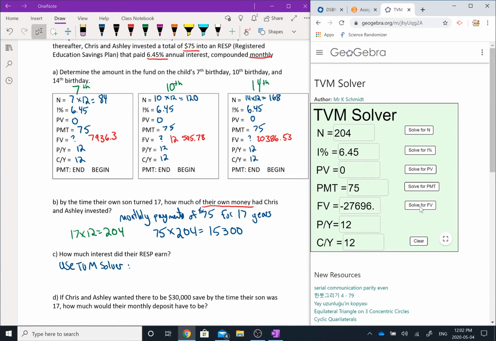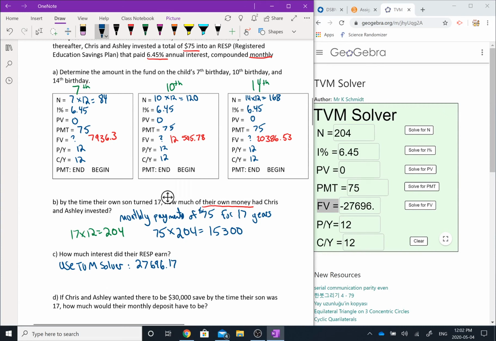So using the TVM solver, we got $27,696.17. That's the total amount. So again, to find how much interest we actually earned, we need to take that total amount, the $27,696.17, and subtract how much of their own money they put in, which we got from the last question.